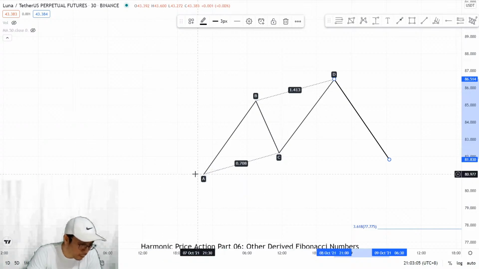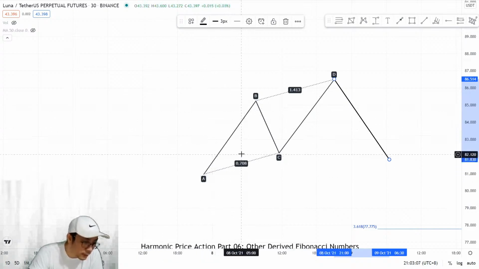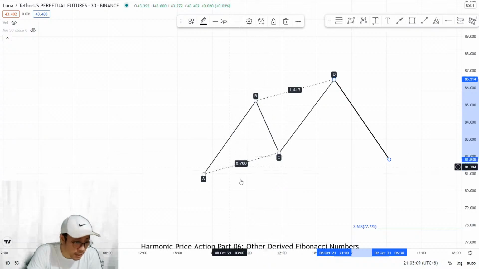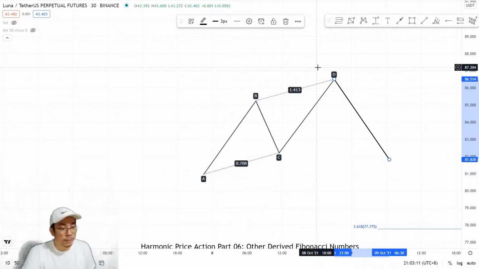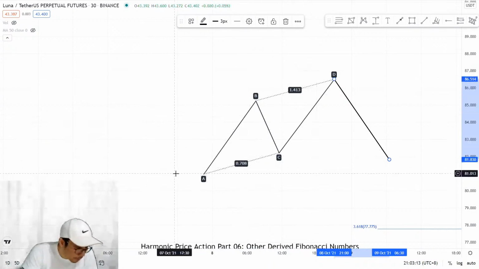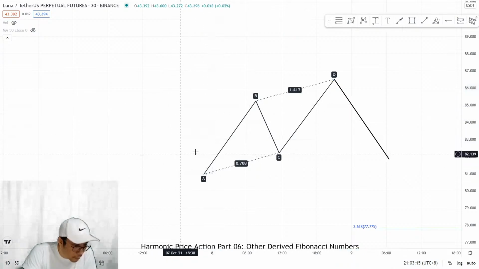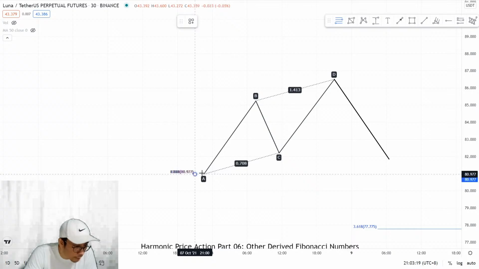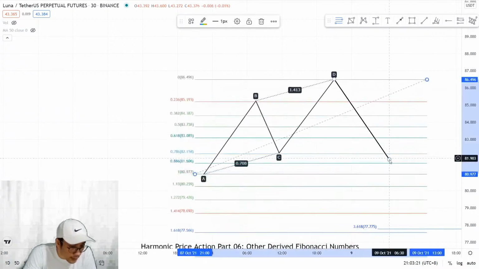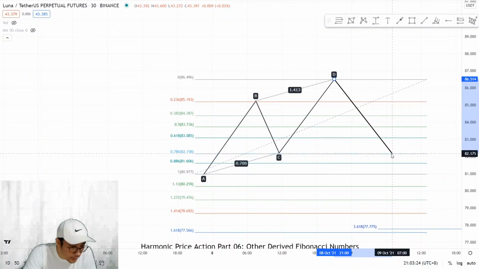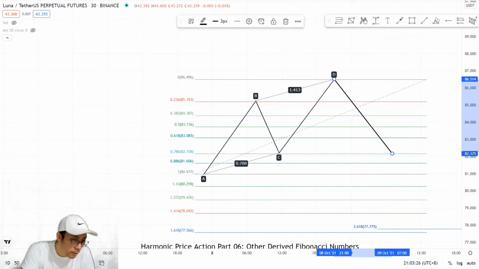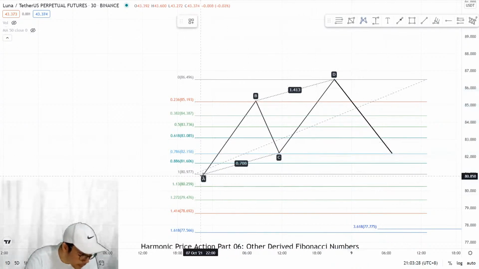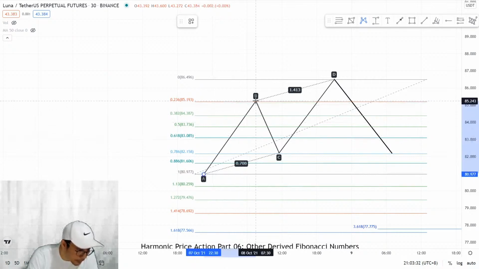But later on, I'm going to discuss it to you. What's important is that I could give you some example of these numbers as 0.707 and 1.41. So, usually this is what we have. And usually the completion is at the 0.786. And if we're going to draw a pattern for this one, this one in particular is a cipher pattern.